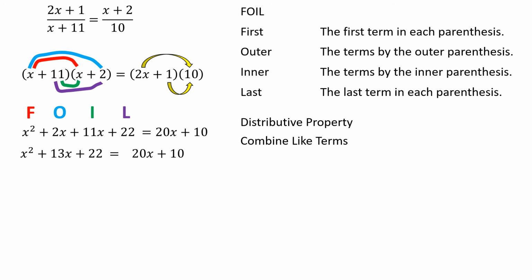Now, instead of trying to get all the x's on one side and all the numbers on the other, we've got an x squared. Right? The x squared is not going to combine with the 13x. The x squared will not combine with the 20x. We need to do something different. We need to set the equation equal to 0. So I'll need to subtract 20x from each side of the equation, subtract 10 from each side of the equation.